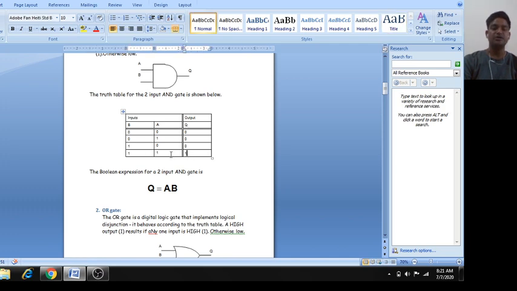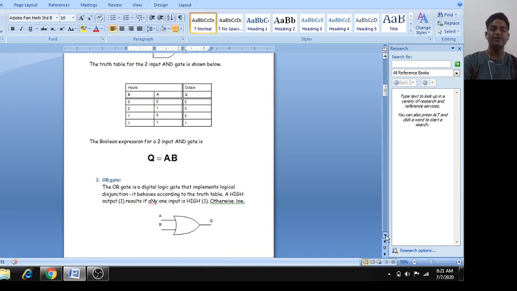So output will be Q equal to A dot B. In minterms, X represents 1 and X bar represents 0, sum of product. So there is only one minterm, 1. So 1 means A B, and 1 means A dot B. So it comes out as A dot B.